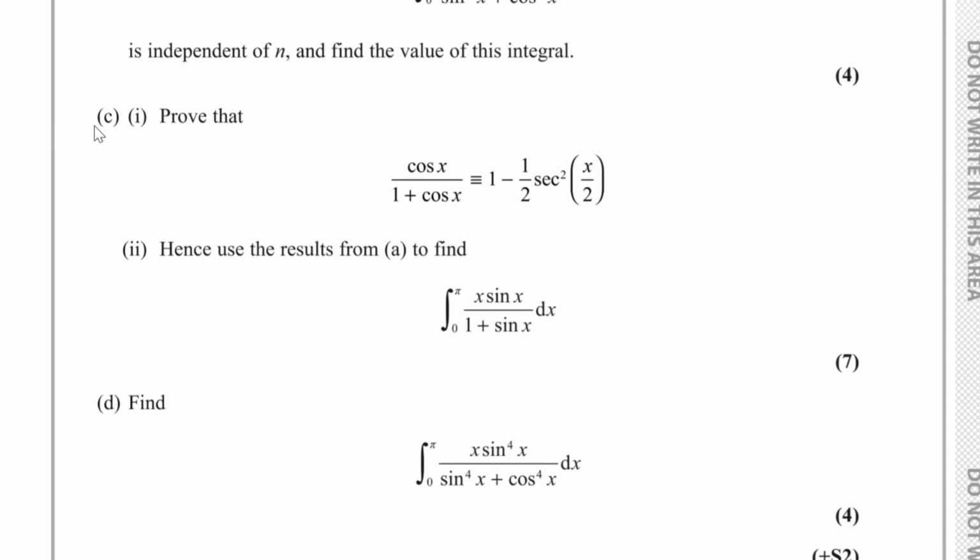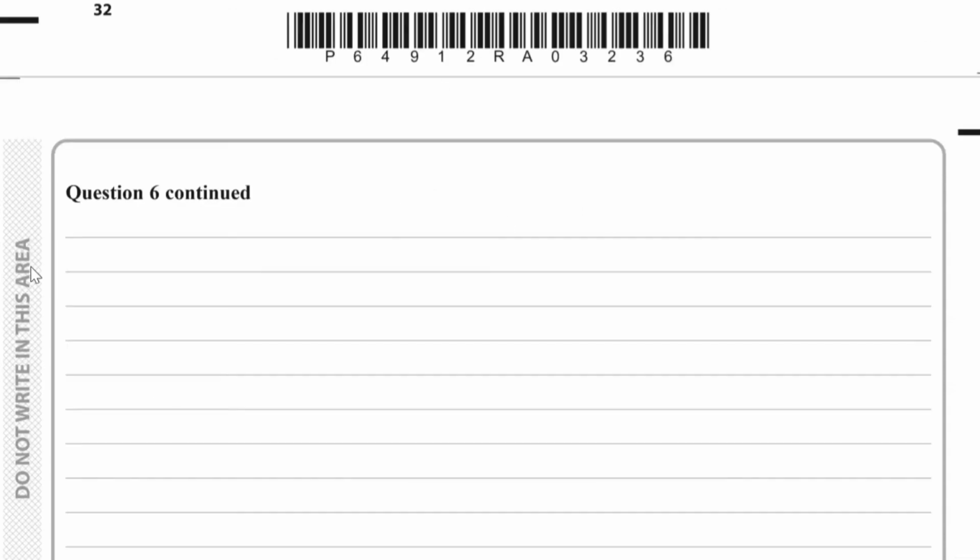Now for part C, for the first part, we have to prove that cos x over 1 plus cos x is equivalent to 1 minus 1/2 times sec squared of x over 2. So for the first part of part C, we've got cos x over 1 plus cos x.